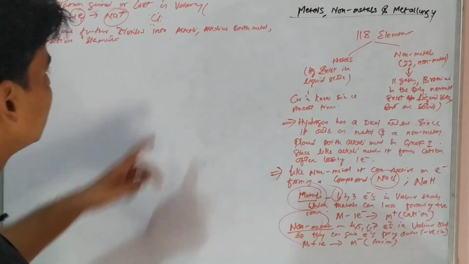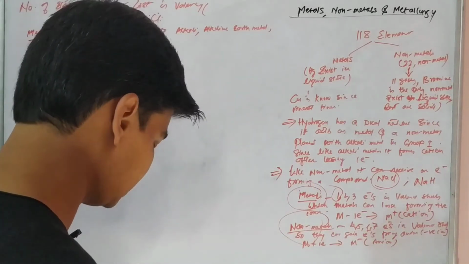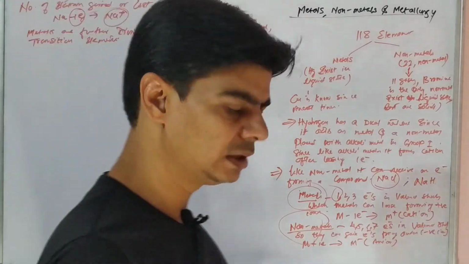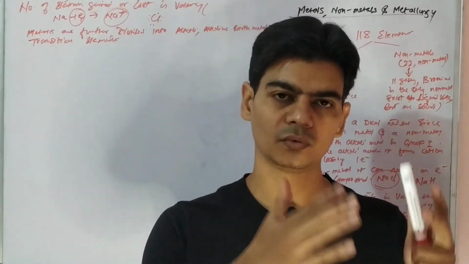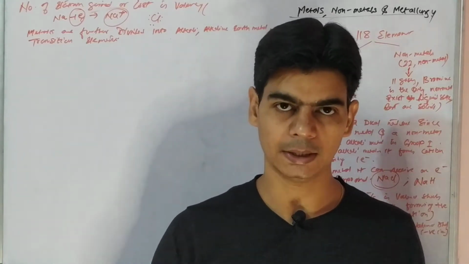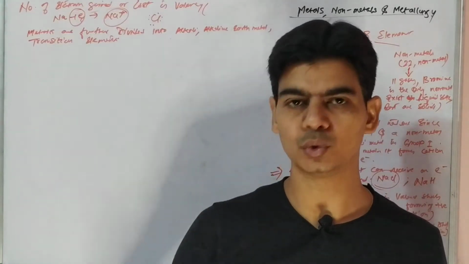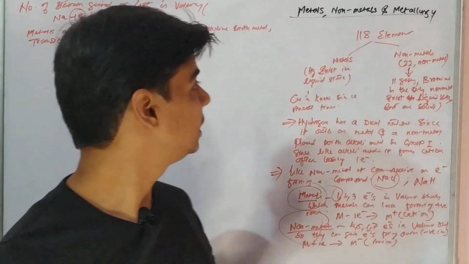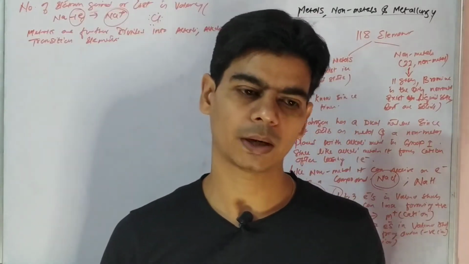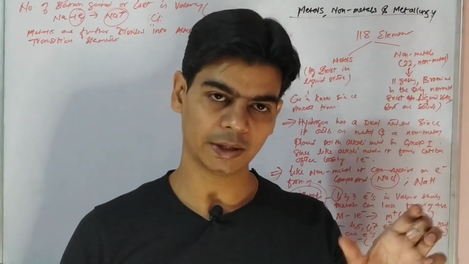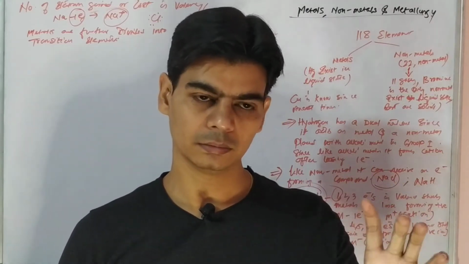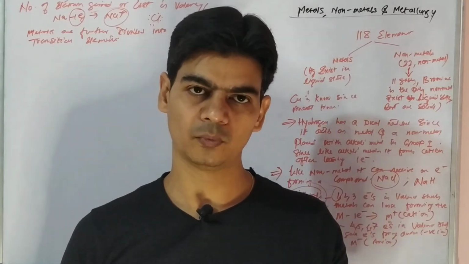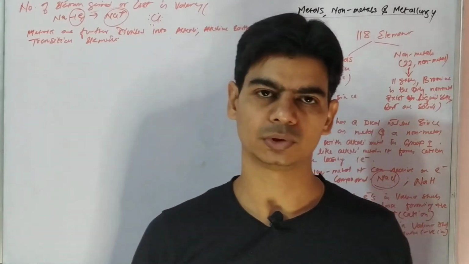Right, here we will concentrate on alkali and alkaline earth metals. We know in the periodic table alkali metals are part of group 1, and alkaline earth metals are part of group 2. Since alkali metals are part of group 1, all alkali metals have 1 electron in their outermost shell.